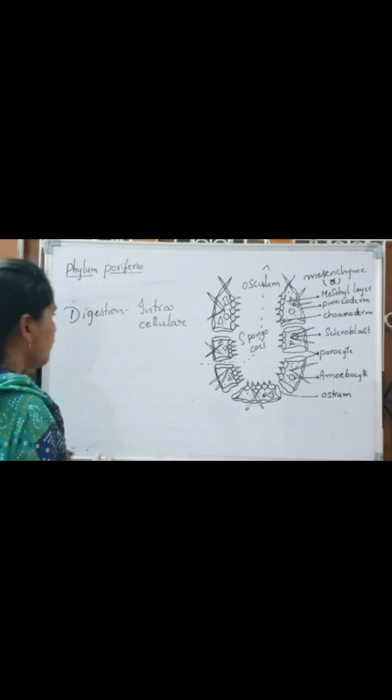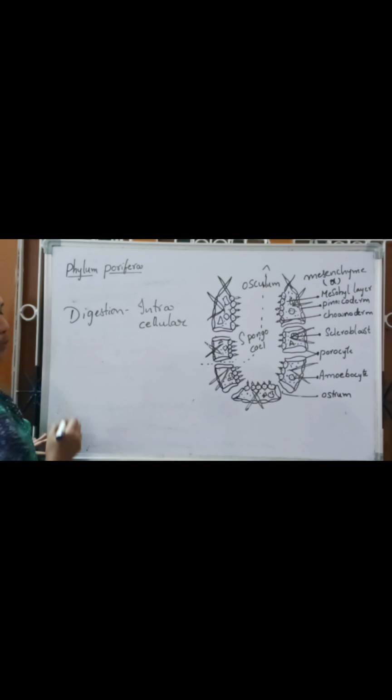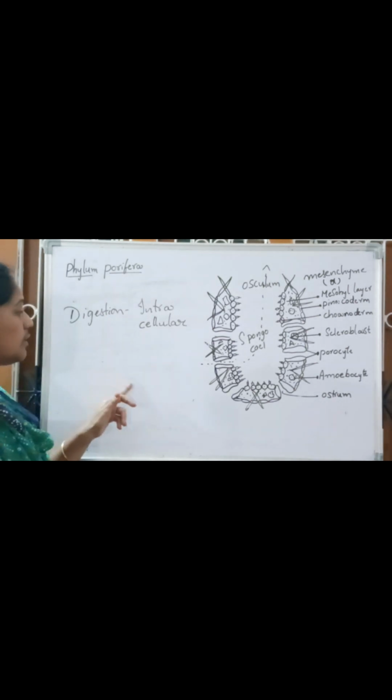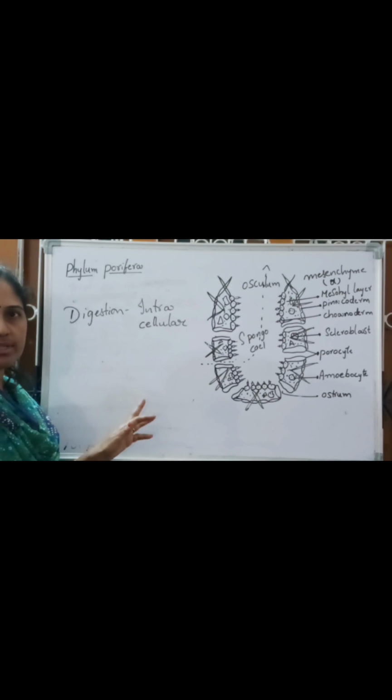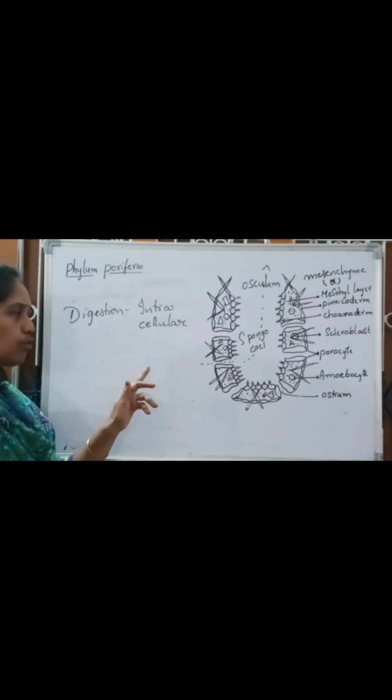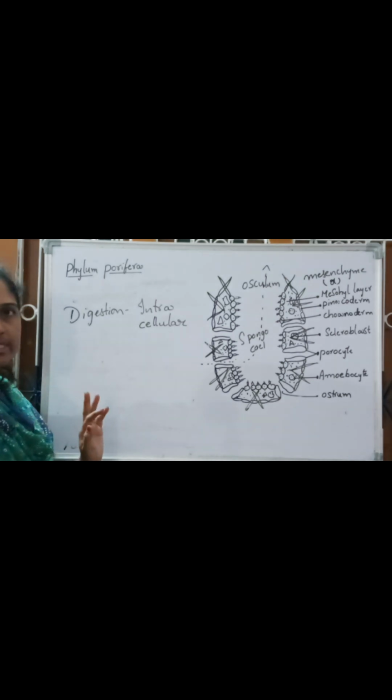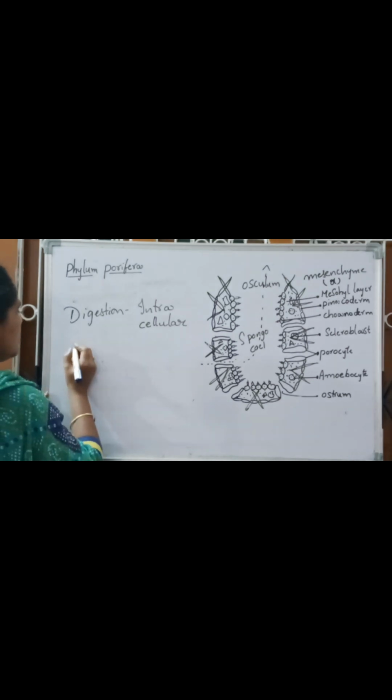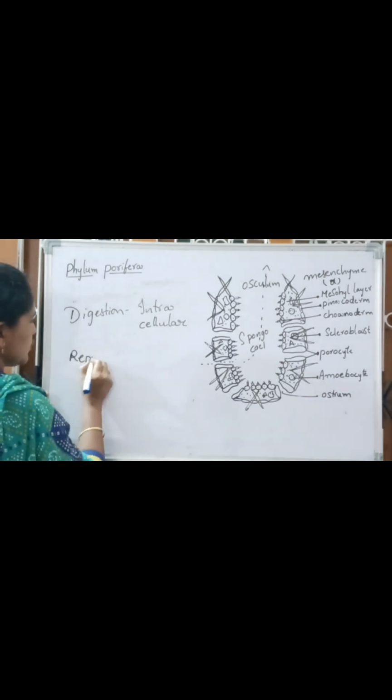Next, reproduction. Reproduction occurs both by asexual and sexual means. Already said that archaeocytes produce the sex cells, and in sexual reproduction external fertilization occurs here. So reproduction is both sexual and asexual.